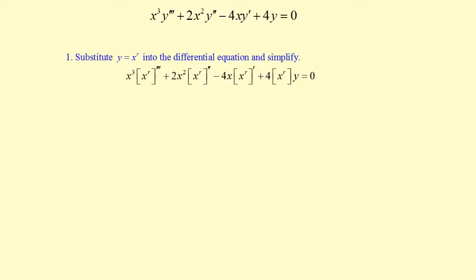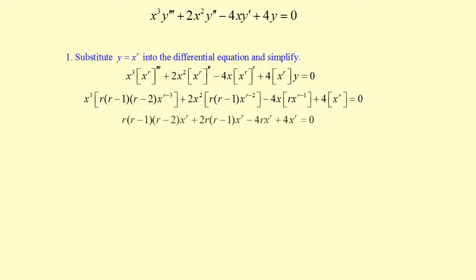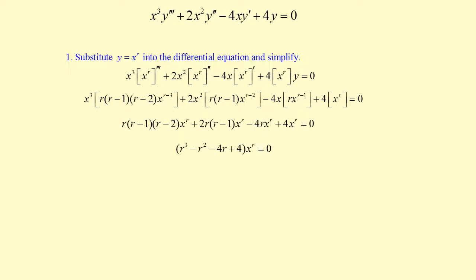Then we will make the substitutions and perform the algebra and get our polynomial, the indicial equation, r cubed minus r squared minus 4r plus 4, which is what we need to solve. We can make quick work of these by utilizing our calculator.